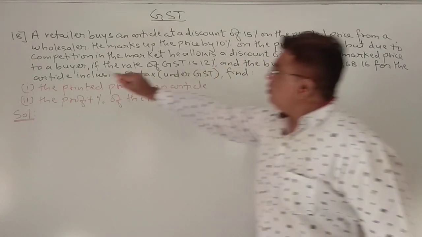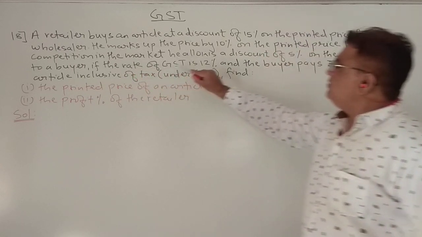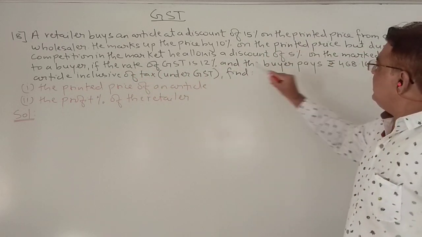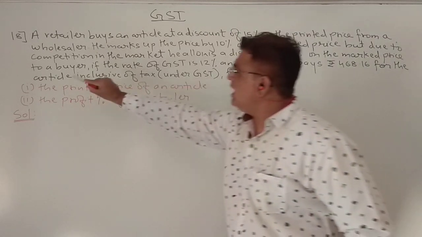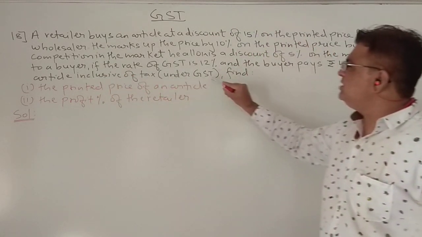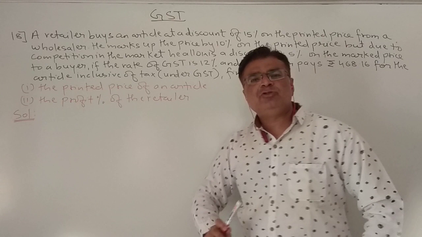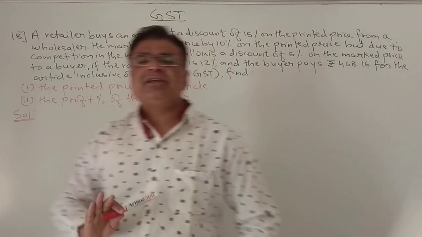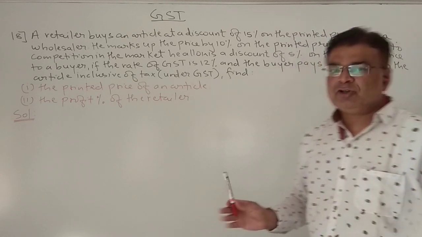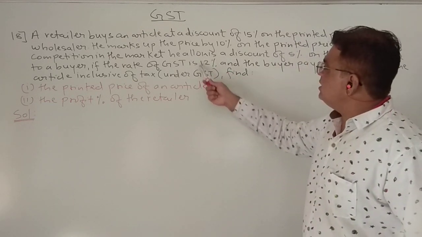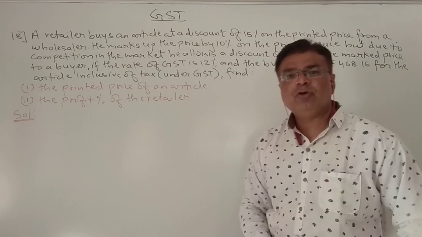To a buyer, if the rate of GST is 12% and the buyer pays rupees 468.16 for the article inclusive of tax under GST. Now see students, it is not written intrastate or interstate over here. So whenever it is not mentioned, the tax will be calculated as 12% only.